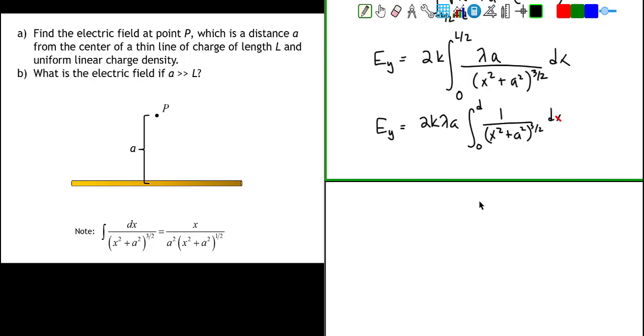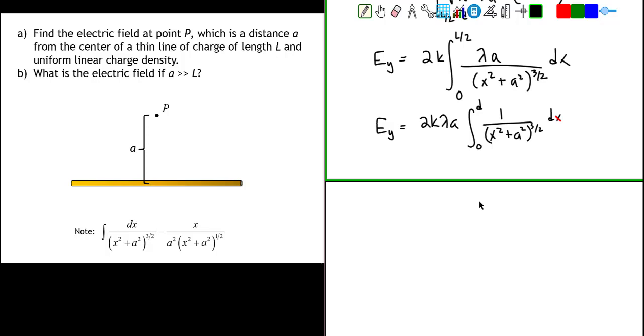We could look up the result of this integral in a table. It's a rather common type of integral to deal with, and if you're in a multivariable calculus class, you would evaluate this out, maybe using a trig substitution. But in physics, we're going to just make use of an integration table.